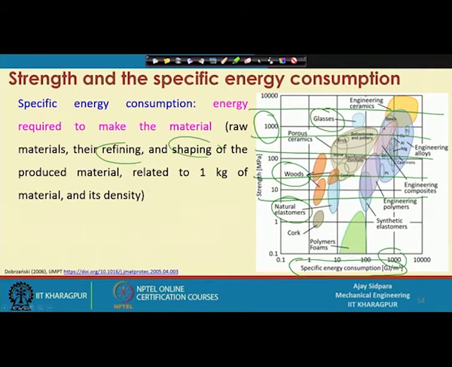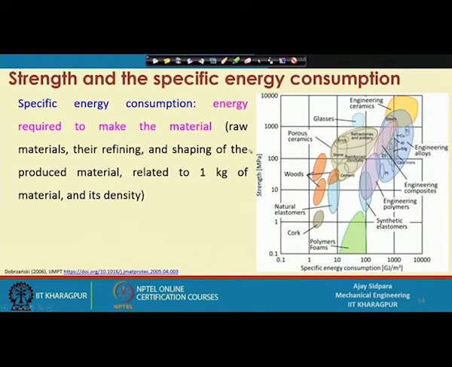So, this is the graph which will tell you at which particular location you have to stop, so that you can get the required results. But in the general way, this trend is going in this direction. This is the routine: if you go with high strength, your specific energy requirement or specific energy consumption is also high in this direction.